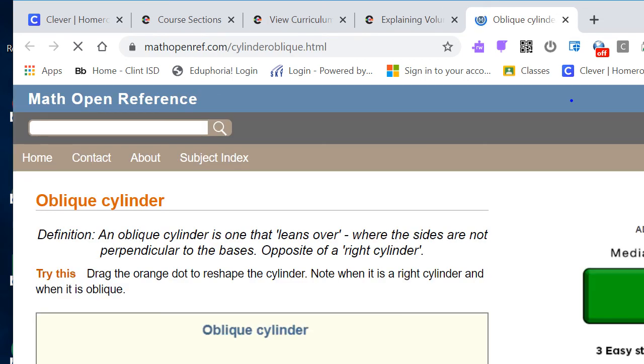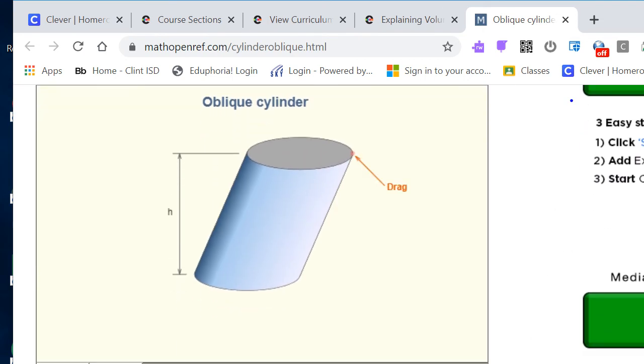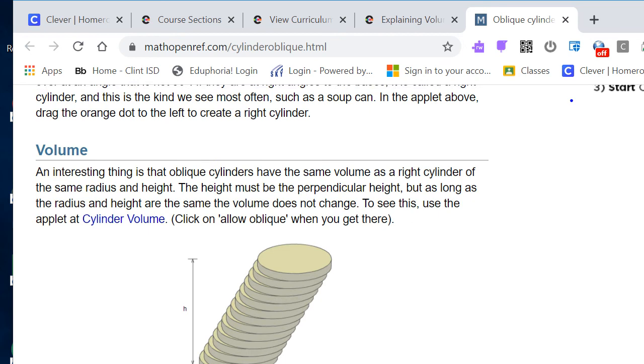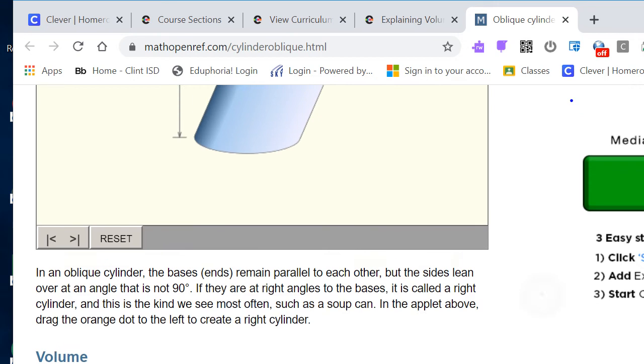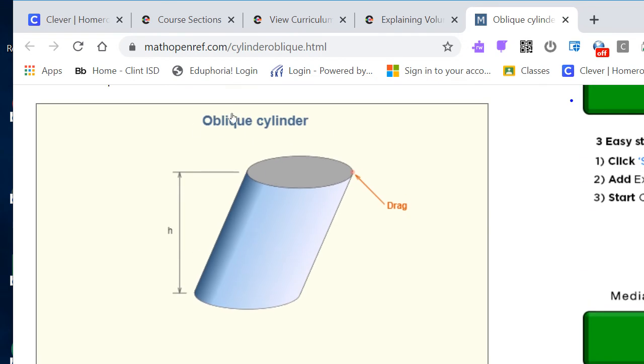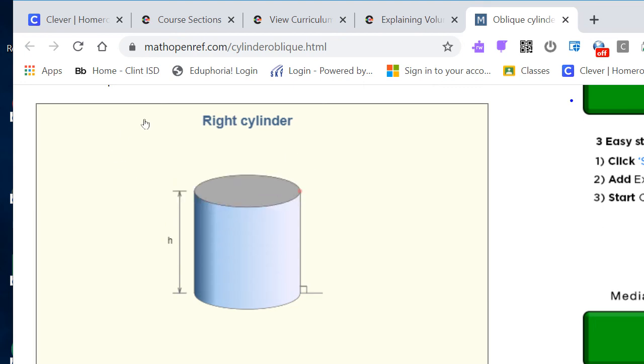I click on it and it's going to give me an oblique cylinder. It's always going to give you something to work with. Okay? Notice how you can change this.